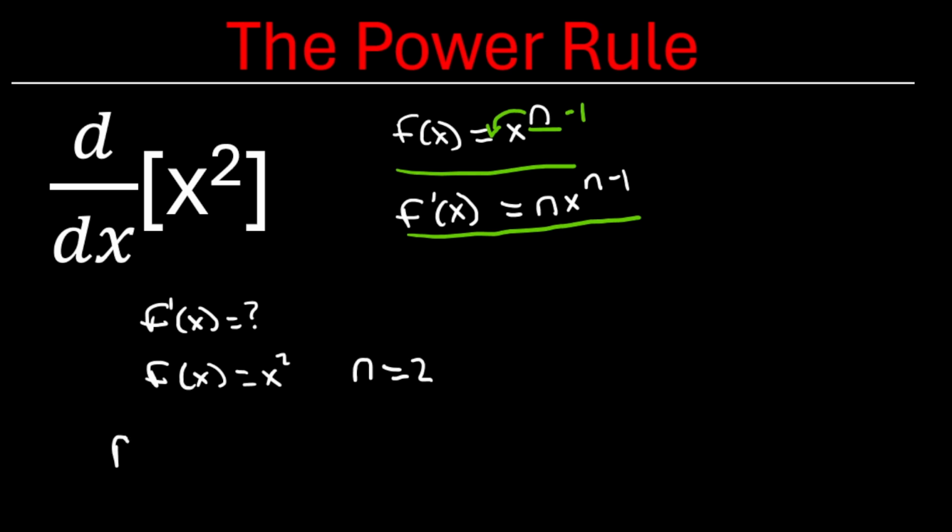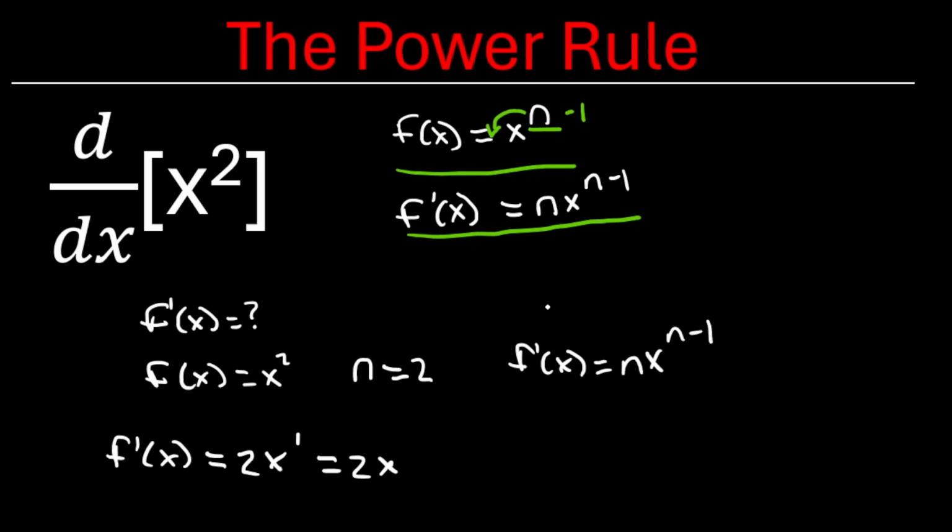Okay? So, using my preferred method, we see this exponent, bring it in front of the x, and then decrease it by 1, which gives us 2x. Now, if you plug directly into this equation here, we've got f prime of x equals n x to the n minus 1, where again, n equals 2.